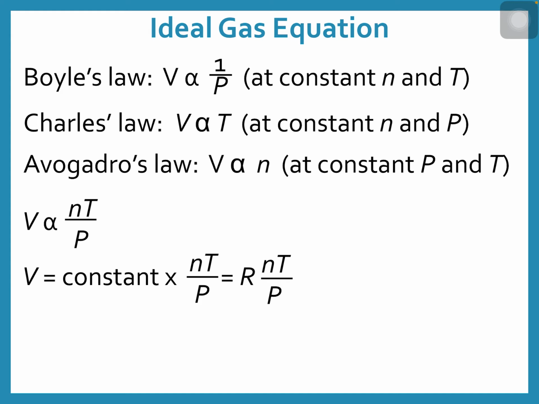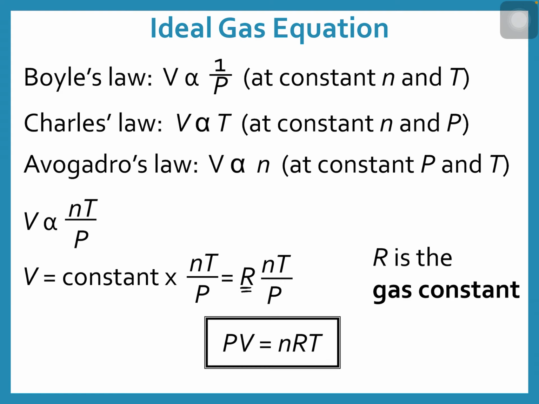So what I know is that some constant times number of moles times temperature divided by pressure is equal to the volume. And that constant is R, the gas constant, and we can actually calculate what the gas constant happens to be.